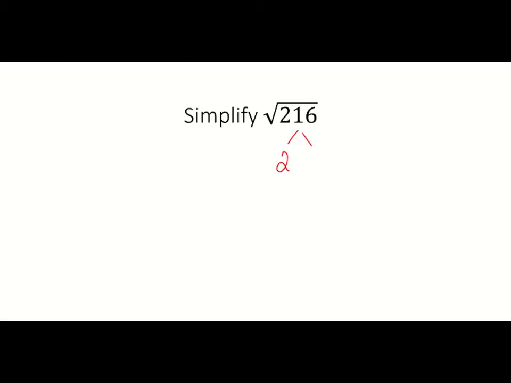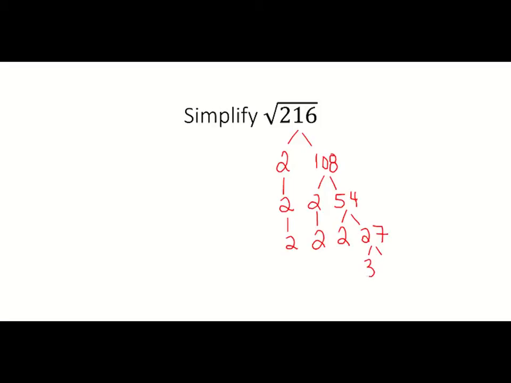And that will be 2 and 108. 108 can break down. Again, that's even, so that could be 2 and 54. I'm going to drop this 2 down so they're on the same level. 54 can break down to 2 and 27. Going to bring these down so they're all on the same level.